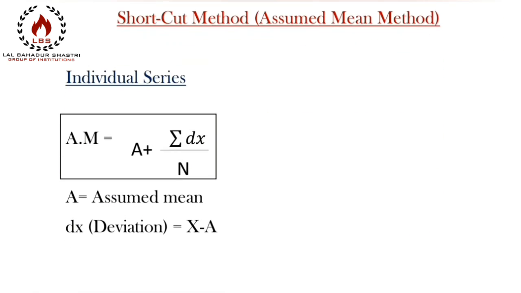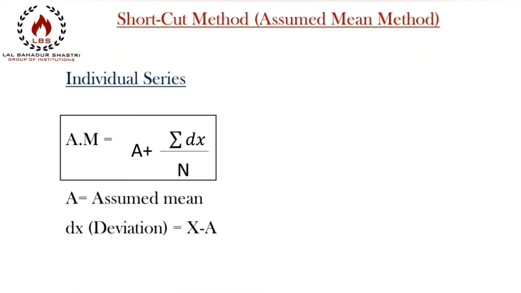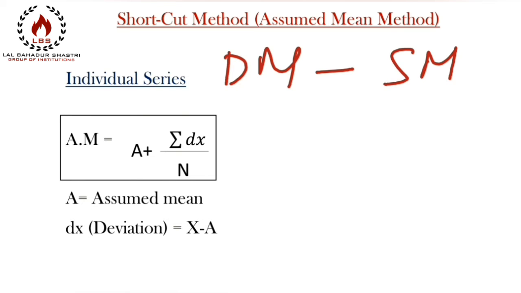Now shortcut method or assumed mean method. In shortcut method, first we will discuss individual series. See, when we move from direct method to shortcut method, our observation x is converted into dx, and dx is what?